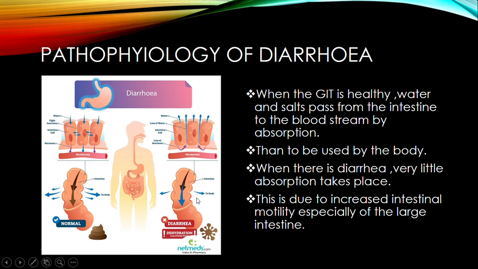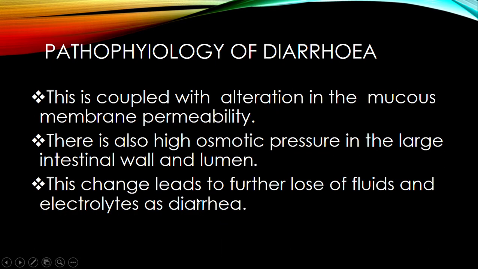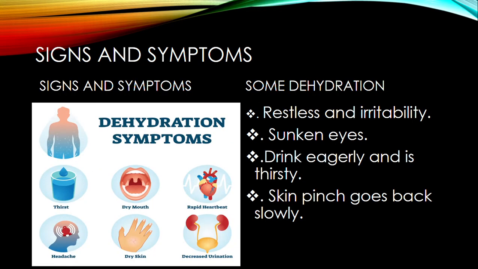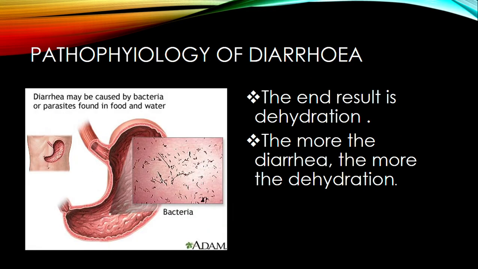Because of that, this change leads to further loss of fluids and electrolytes as diarrhea. So the end result is dehydration. The more diarrhea, the more loss of body fluids and electrolytes through diarrhea, the more the dehydration.